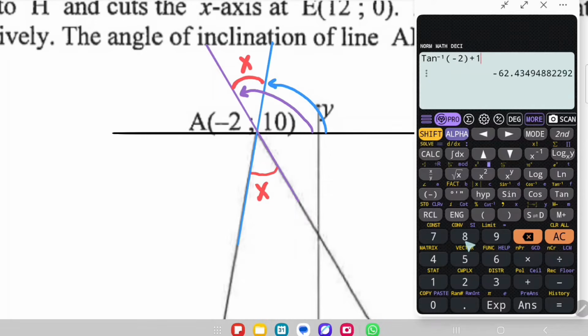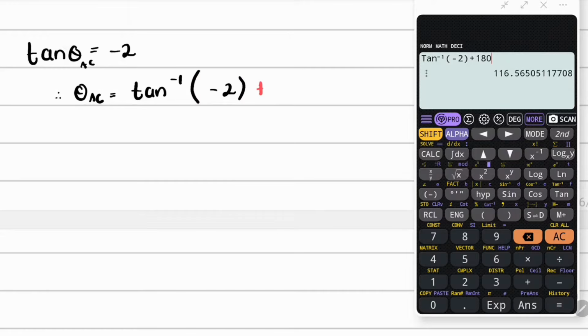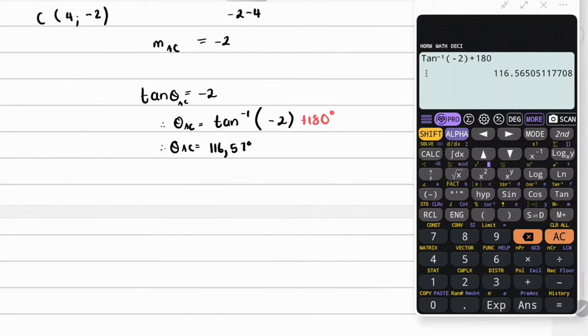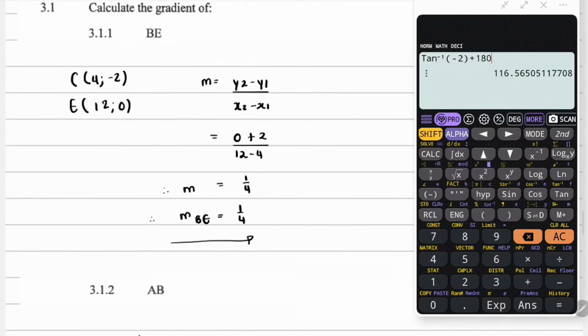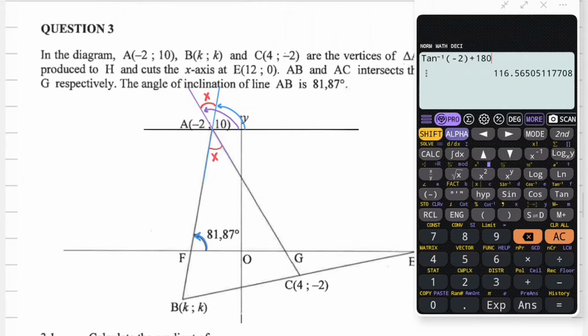If you say plus 180 degrees, there we go, it gives us that obtuse angle. So the angle of inclination of AC is therefore 116.57 degrees. At this point, it's fine to round off since the acute angle was already rounded off. But you can also use this.